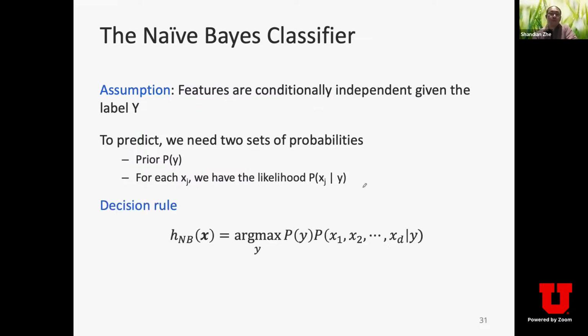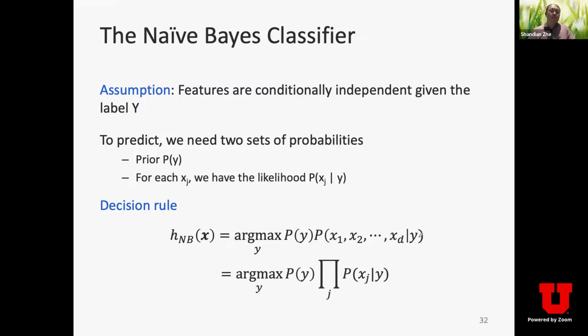The decision rule is MAP estimation. We want to maximize the posterior probability of the label y given the data x, which amounts to maximizing the product of the prior probability and the likelihood.